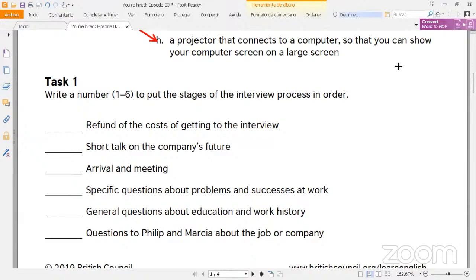Read the procedures. Which one is number 1? Arrival and meeting, number 1. Read carefully. General questions about education or work story, number 2.